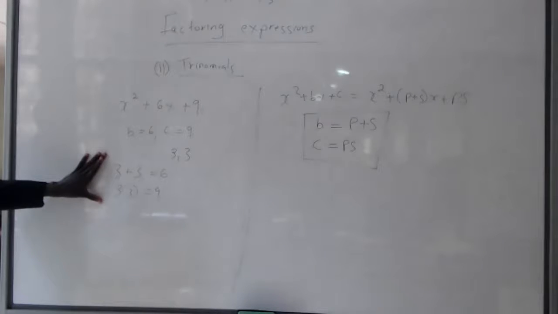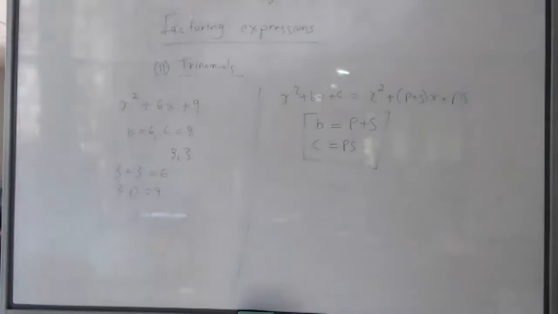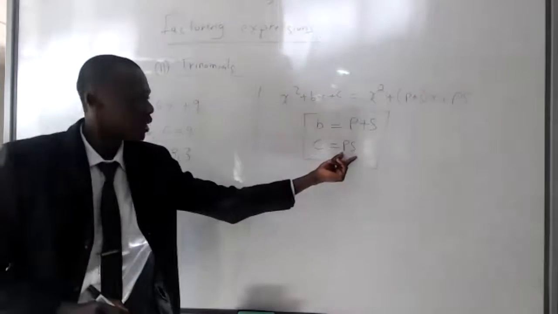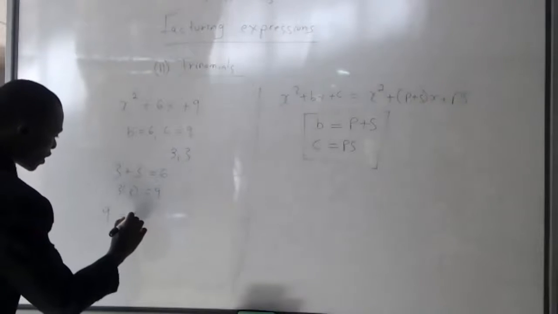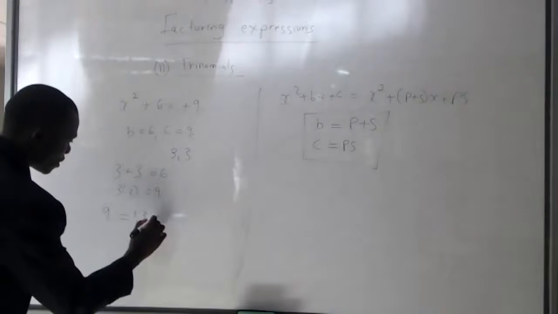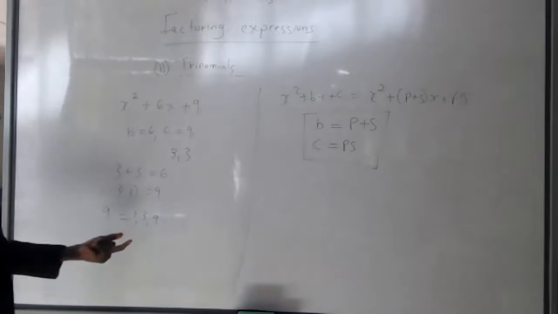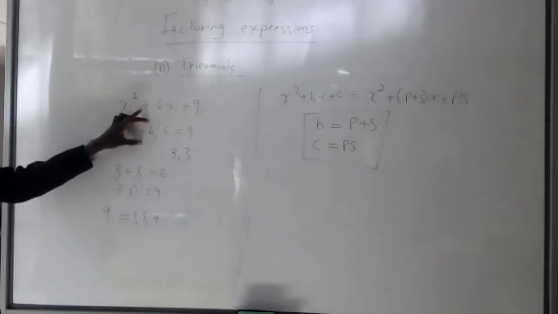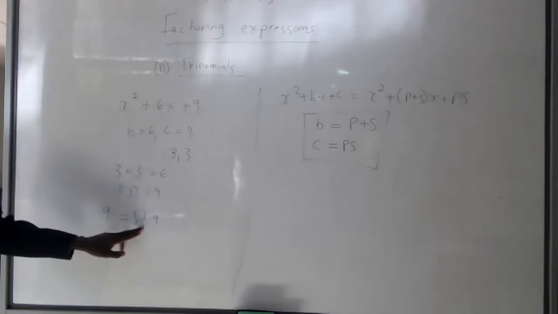Maybe someone is asking, how did I get to 3 and 3? Well, that's very simple. You're looking for two factors of c, p and s. Just take the factors of 9. Factors of 9 are 1, 3, and 9, and you need factors which add up to 6. It's only 3 plus 3 that can add up to 6.